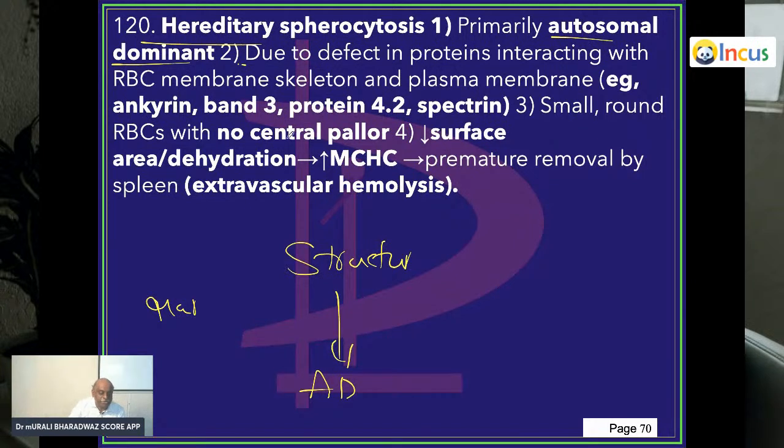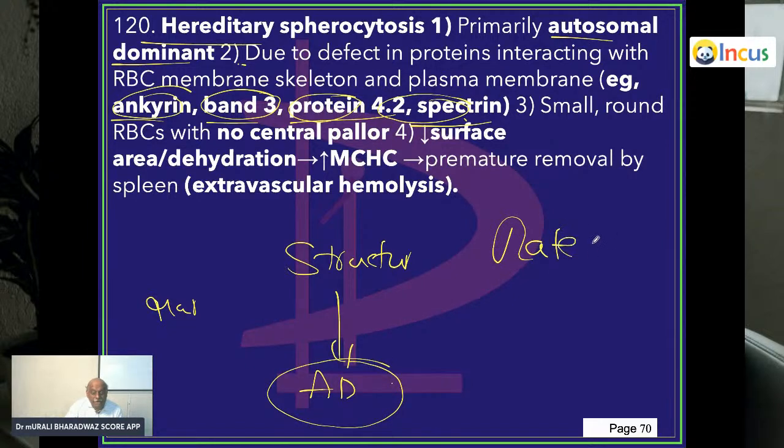Hereditary spherocytosis involves structural proteins like ankyrin, band 3, protein 4.2, spectrin. These are all the proteins on the surface of the RBC's membrane. So their defect in the RBC membrane skeleton and plasma membrane will lead to hereditary spherocytosis.